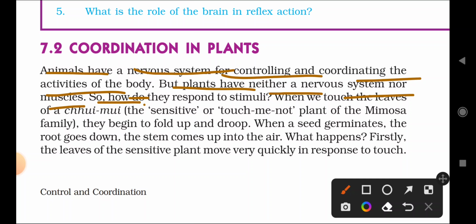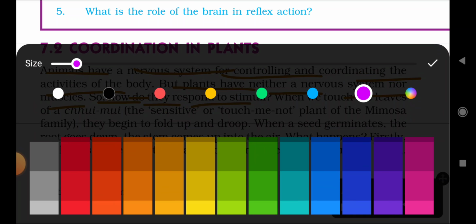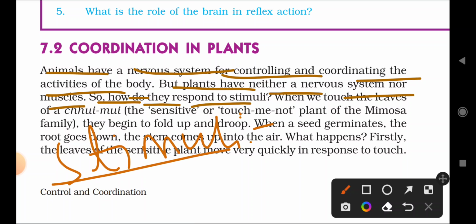So how do they respond to stimuli? Stimuli means changes in the environment, and according to that they respond. What is a stimuli? Stimuli means changes in the environment, according to which they respond. A one-mark definition may be asked in your exam: what is stimuli?